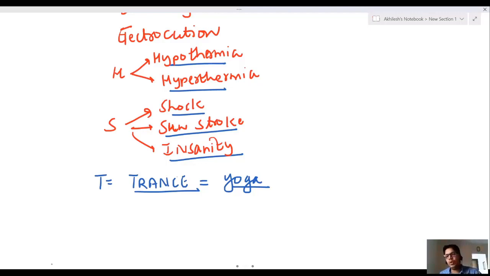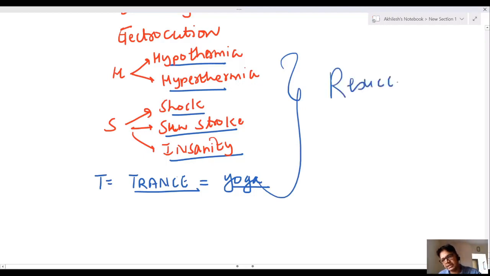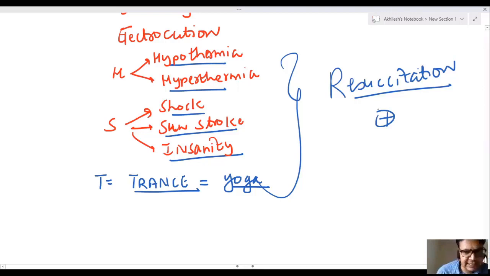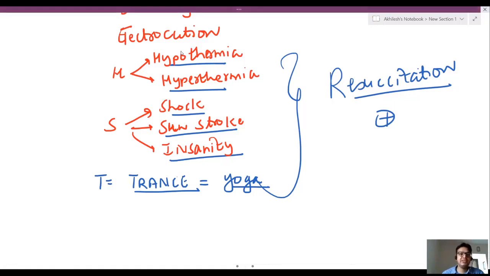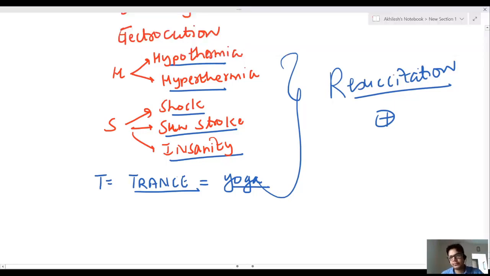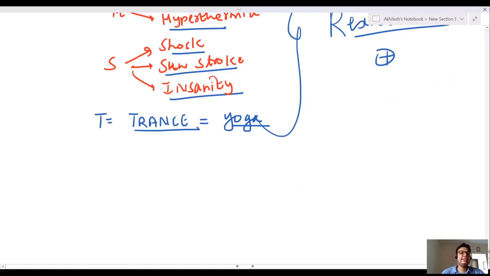So, in all these cases, doctors should resuscitate the patient. Resuscitation is required. This is known as suspended animation.